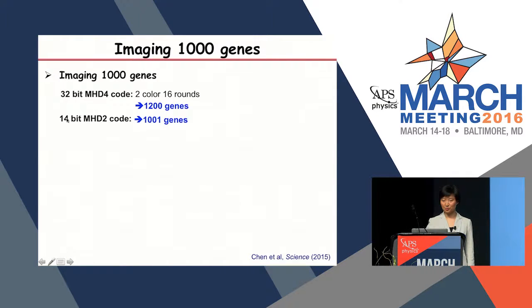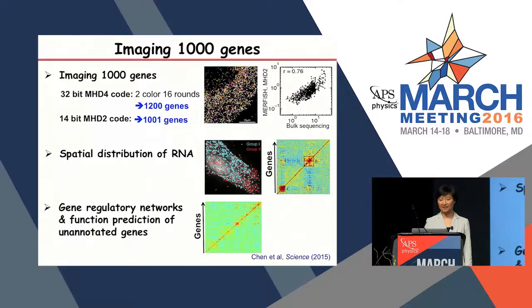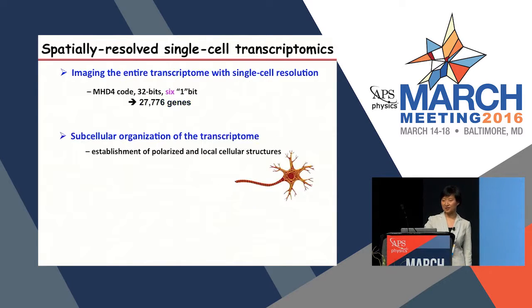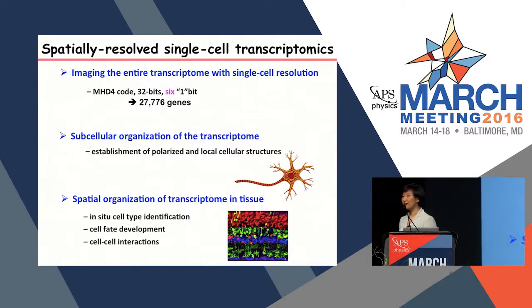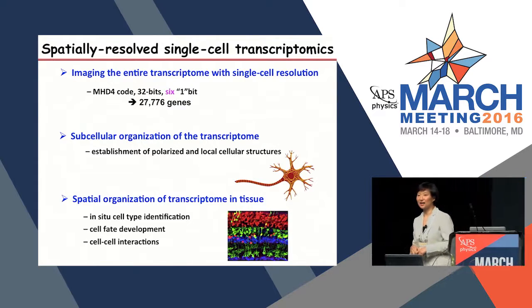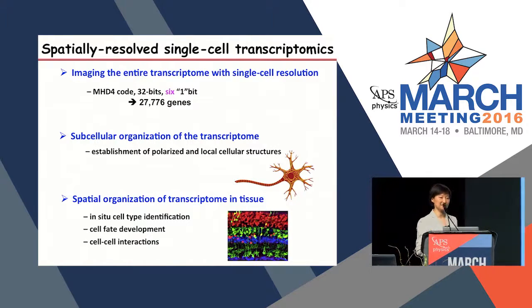In both cases, we get 1,000 genes. And with that, we learned very interesting things about the spatial distribution of RNA inside the cell and gene regulatory networks. And we imagine this approach is scalable to the entire transcriptome size of tens of thousands of genes.